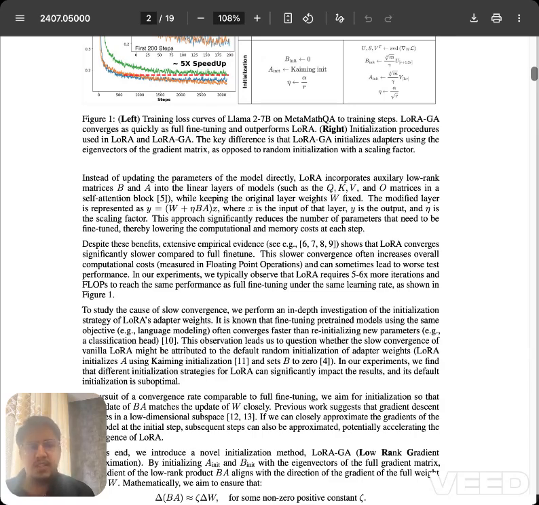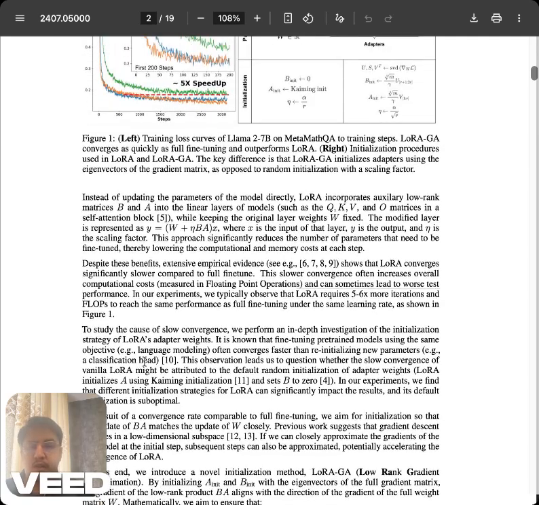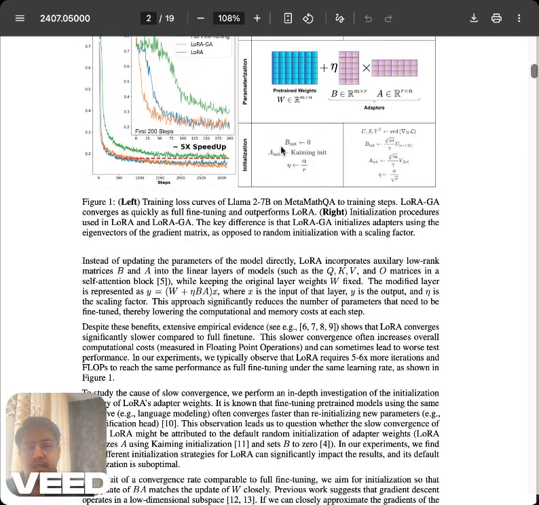This is kind of the problem that they've tackled here. Moving on, they've discussed that this primarily raises the question as to why LoRa converges slowly, and their hypothesis is pretty crisp: LoRa's default random initialization. By the way, LoRa initializes the two matrices A and B such that B is initialized to 0, whereas matrix A has a Kaiming initialization to it.